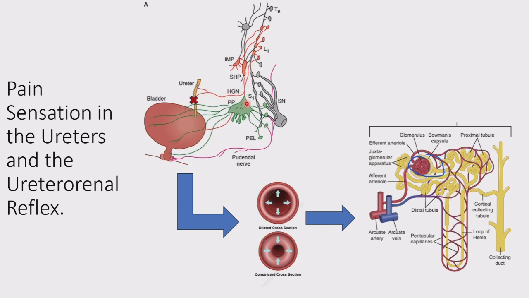Aside from that, it will trigger a sympathetic reflex to your kidney. What happens is that it will constrict your renal arterioles and thereby decrease urine output, as we discussed earlier. It's called a ureterorenal reflex. That is a safety mechanism for the kidney to decrease urine output in an occluded ureter.